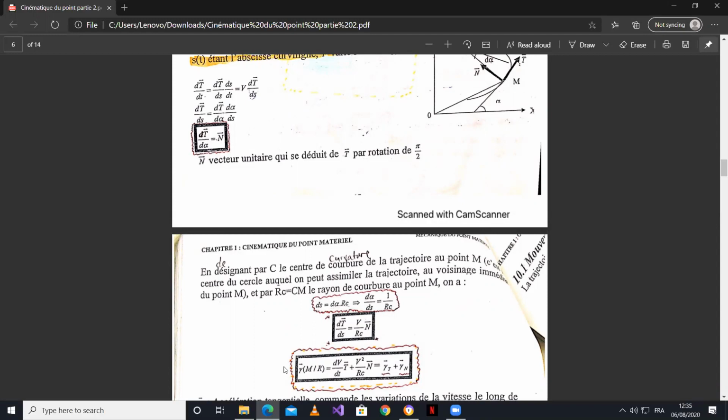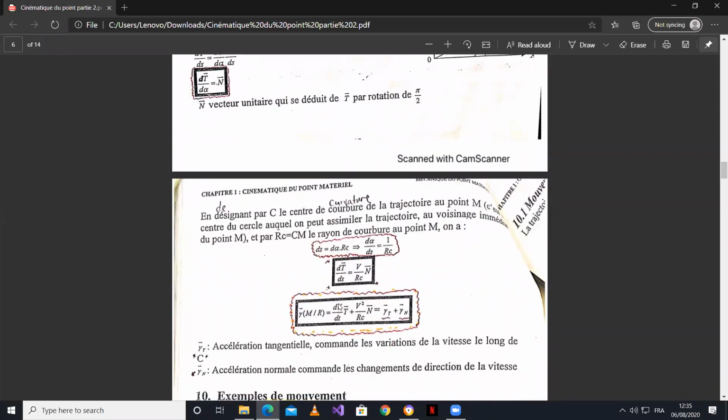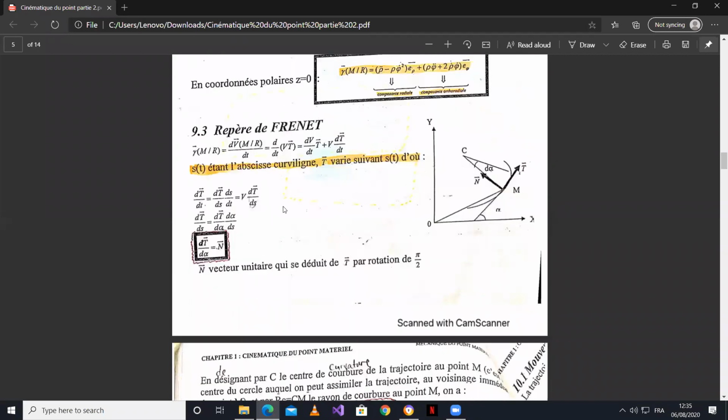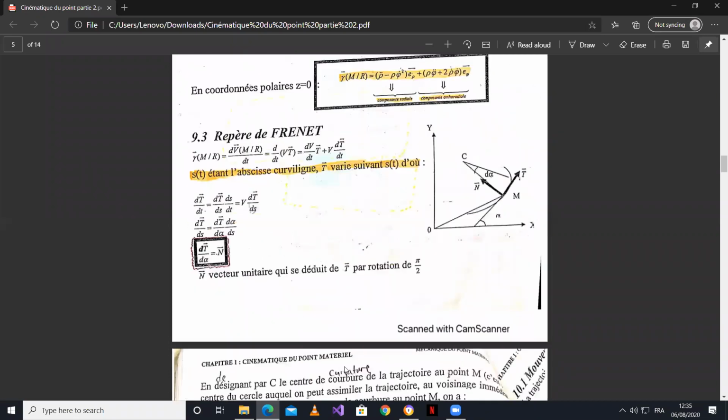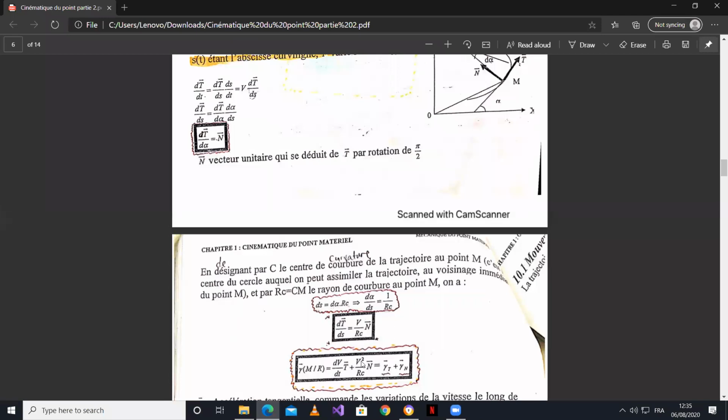And we have our final expression of the acceleration being equal to dv over dt suivant t, coming from this part here. So when you calculate your vector vitesse, you just get its magnitude and derive it by time, suivant t, and then plus v squared.